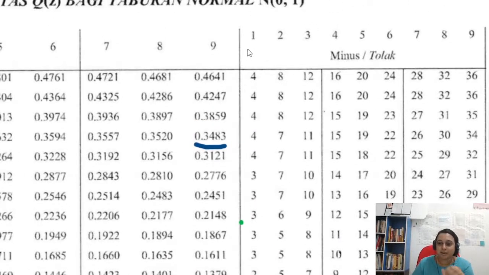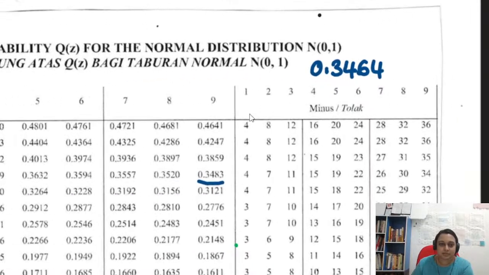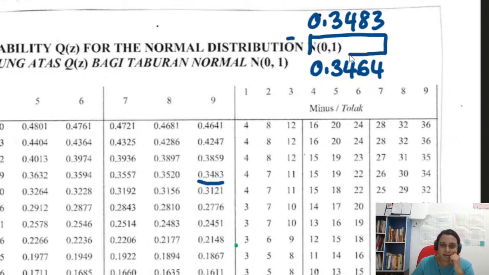Okay, but just now what do we want? 0.3464, isn't it? But now teacher has what number? 0.3483. So minus what number means I will get 3464? Have to subtract what number? 19. Do we have 19?